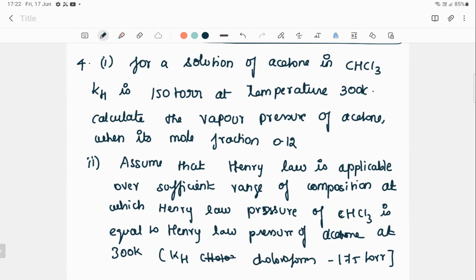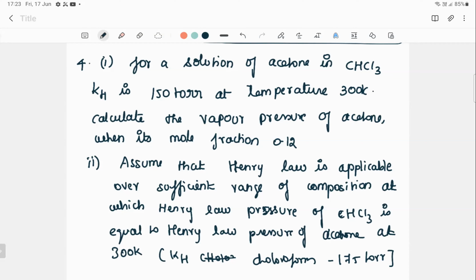Here they have disclosed the Henry law constant of acetone. Very much easy. Take this one. They have given your mole fraction. What do you need to convert into? Both are given in torr, right?